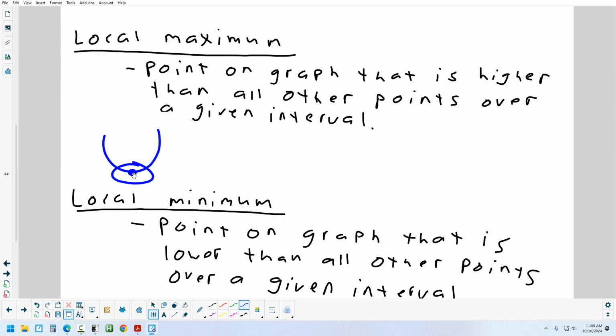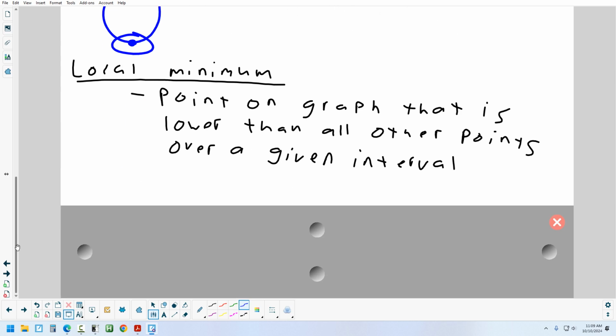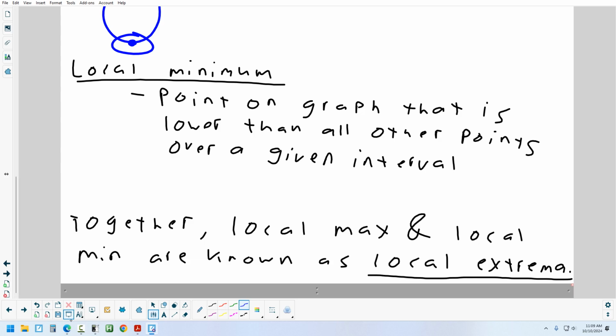It's not just the lowest point in that area. There is nowhere that goes any lower than that, ever. Okay? So again, the term that you use to describe all local minimums and maximums is local extrema.